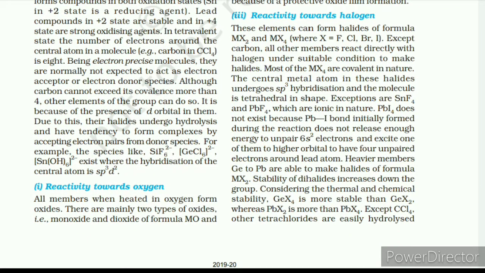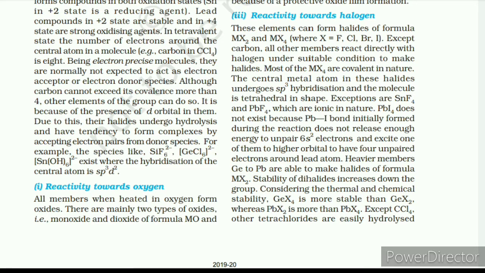Due to this, their halides undergo hydrolysis and have tendency to form complexes by accepting electron pairs from donor species. For example, species like SiF6 2-, GeCl6 2-, Sn(OH)6 2- exist where the hybridization of the central atom is sp3d2.